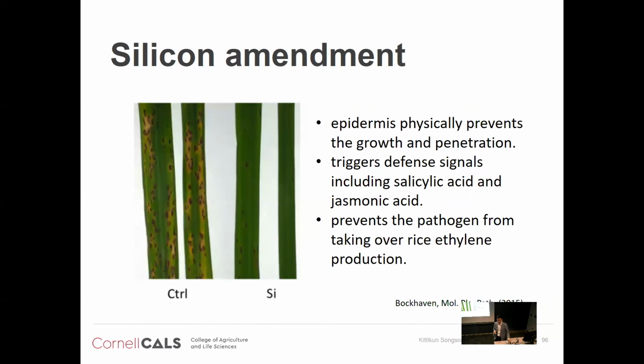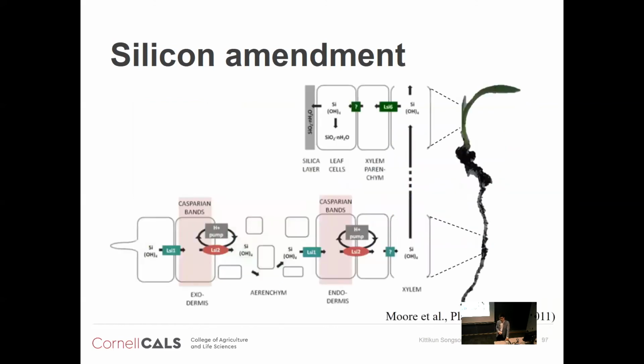And silicon can also trigger defense molecules such as jasmonic acid or salicylic acid. Lastly, it's quite surprising that they also showed that silicon can prevent the ethylene production takeover from rice.